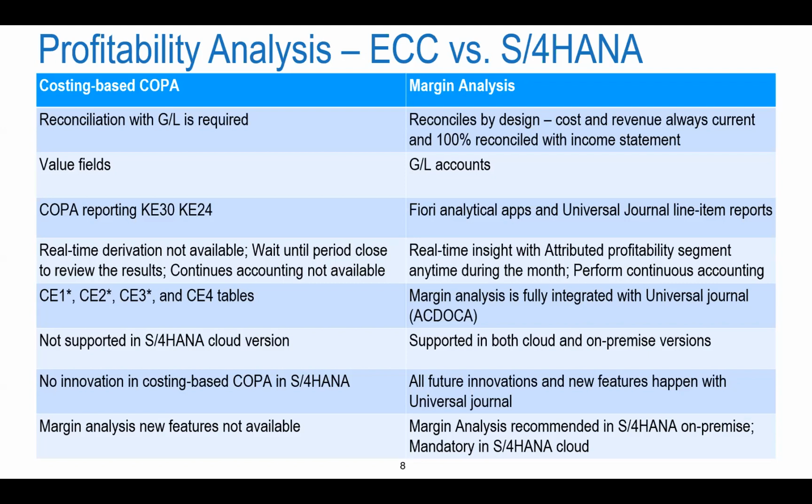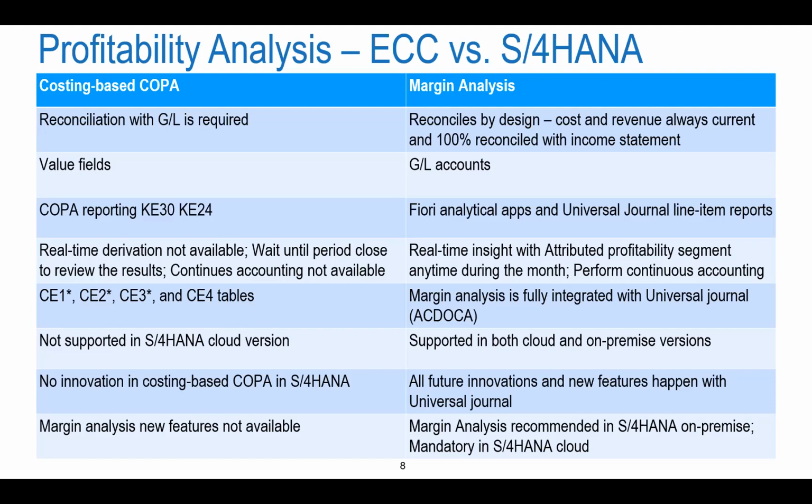So that's one of the challenges all along, always reconciling because of the timing. Let's say you post cost of goods sold, your delivery happens this month, and then the billing happens next month. The COPA is not captured in the costing-based COPA. So you have to wait till that billing happens, then you do a reconciliation.